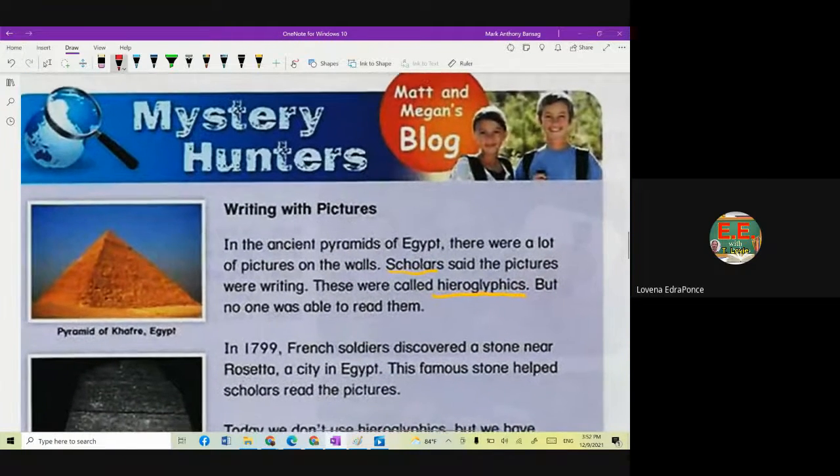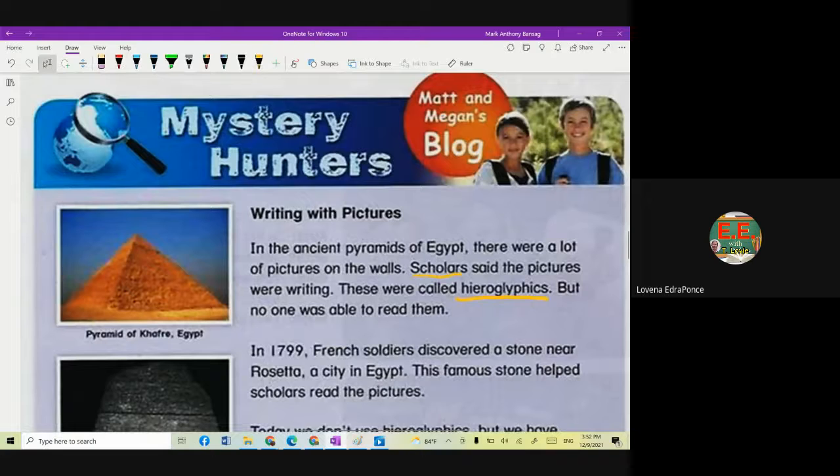Mystery Hunters. Matt and Megan's blog. Writing with pictures. In the ancient pyramids of Egypt, there were a lot of pictures on the walls. Scholars said the pictures were writing. These were called hieroglyphics, but no one was able to read them.